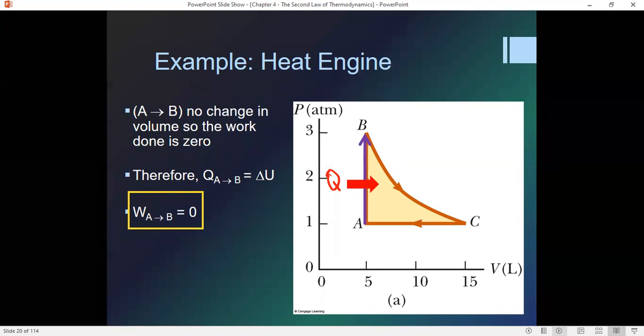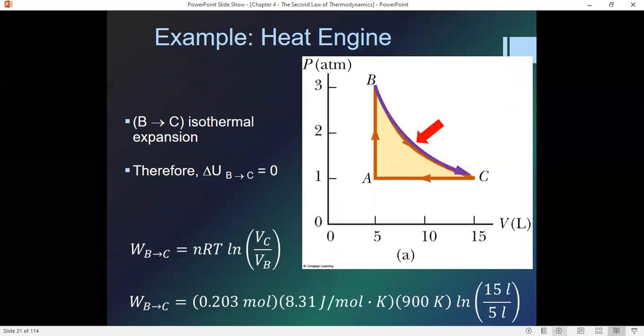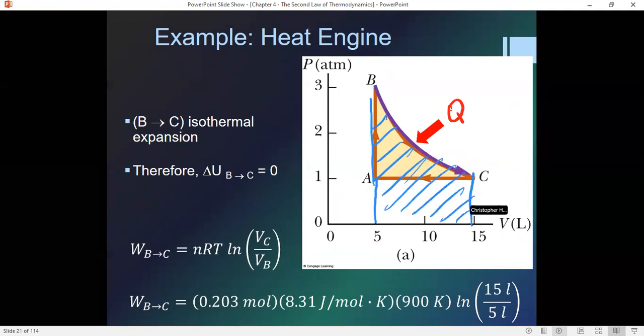Just brings me from A to B. After I do that, now I'm going to go through the isothermal expansion. And during the isothermal expansion, we're still adding heat. But this time, notice the purple line, we have all this area underneath it. And that's going to be the work calculated using this equation right here.